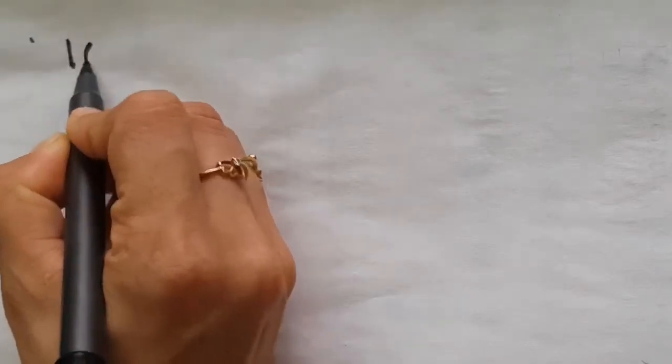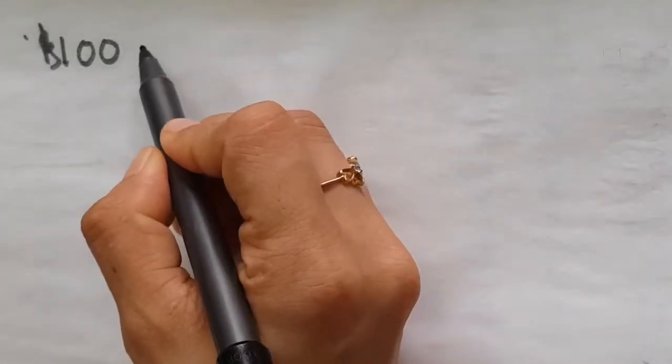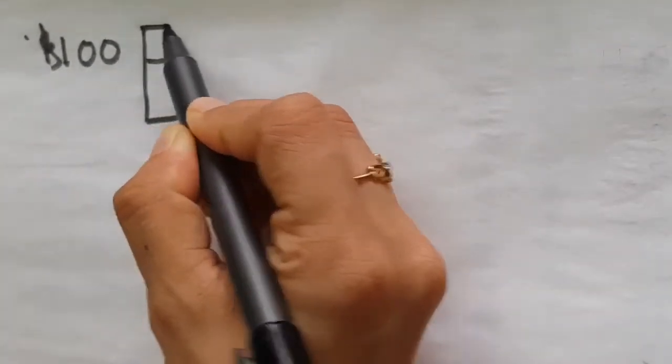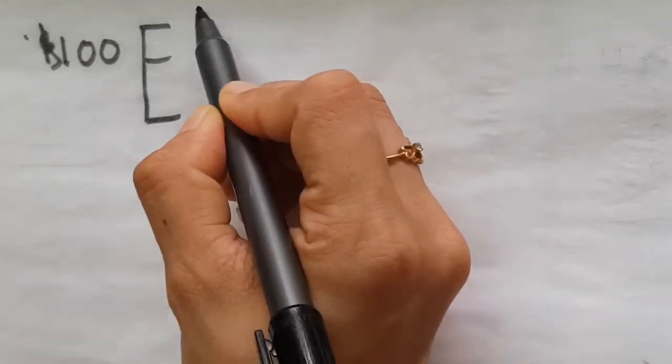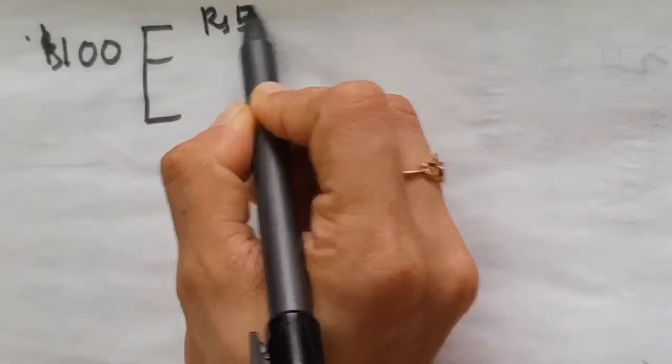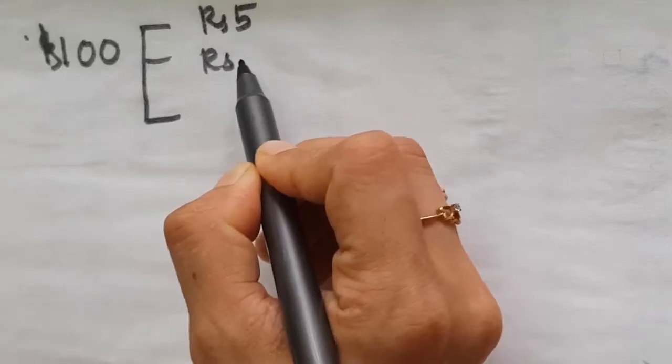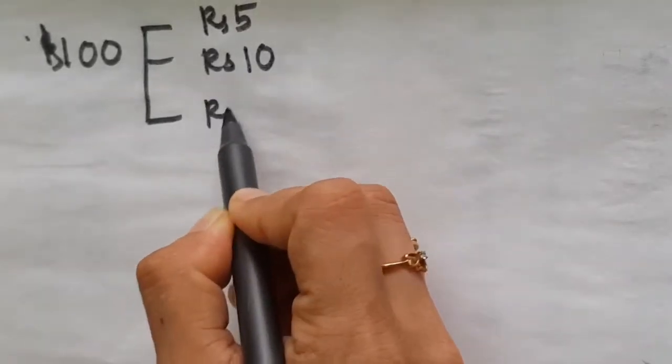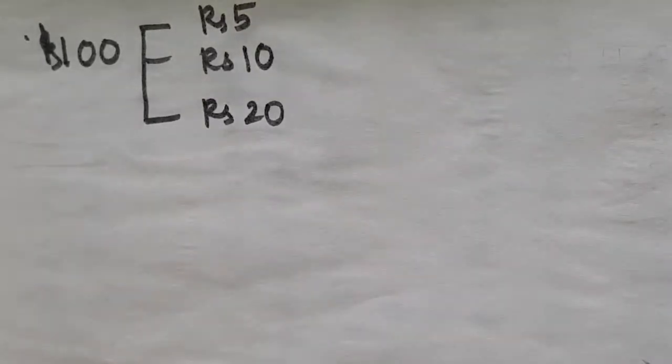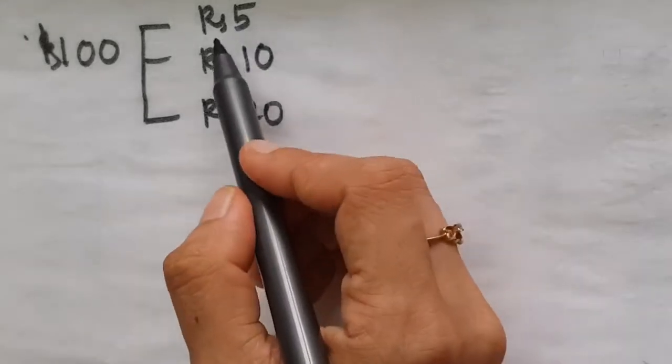Before solving that question, let's see an example so that you can understand it better. Okay, suppose you have rupees 100 with you, and that rupees 100 is made up of, let's say, rupees 5, rupees 10 and rupees 20 notes.